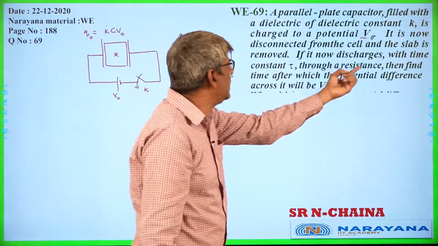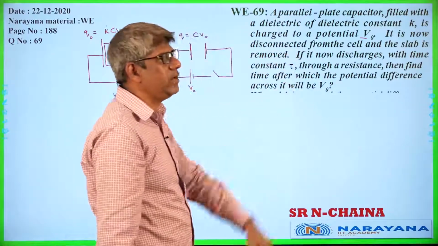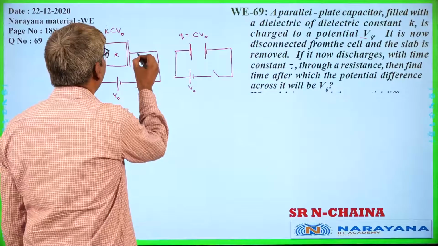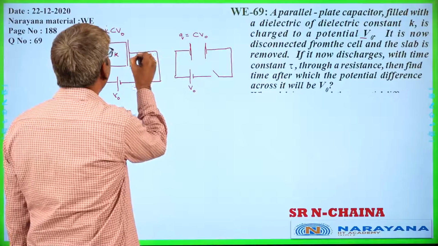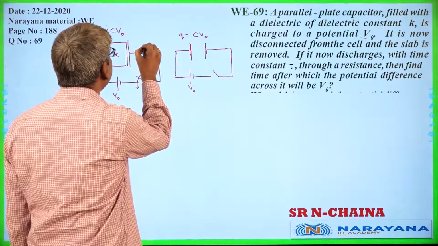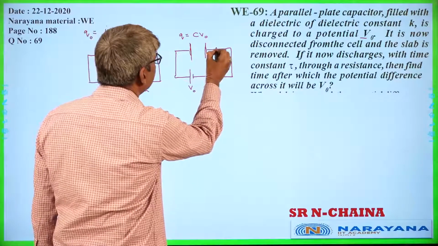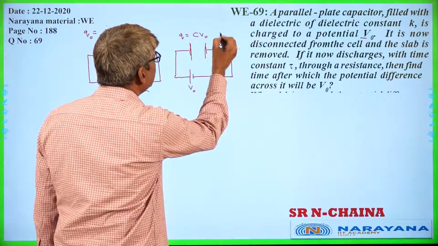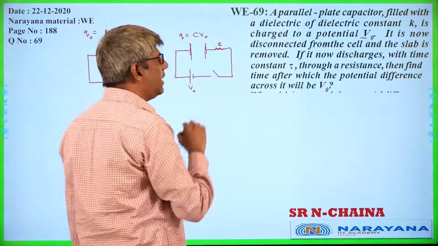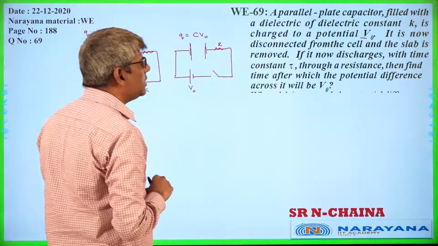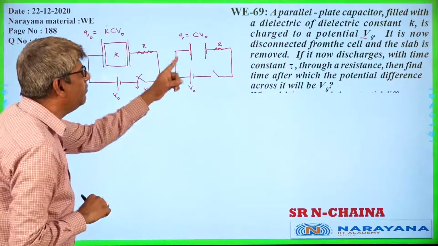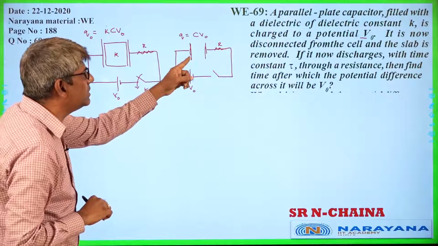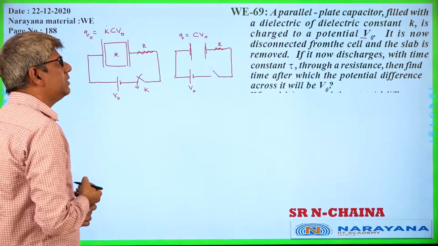If it now discharges with a time constant tau through a resistor, one more resistor is also present, a CR circuit. Then find the time after which the potential across it will be V0. The time is to be calculated.